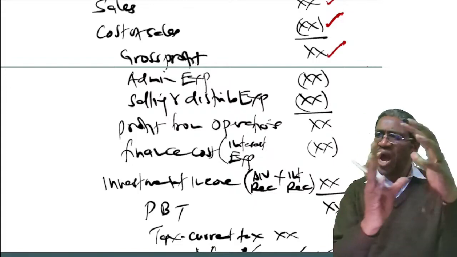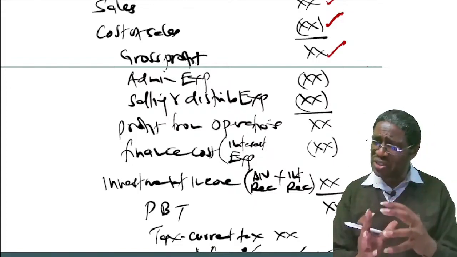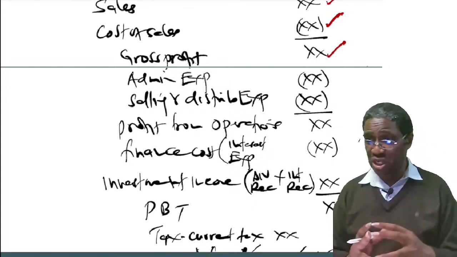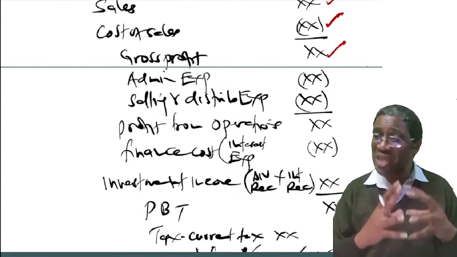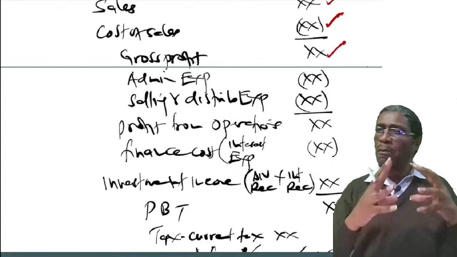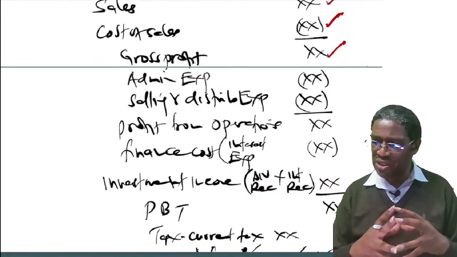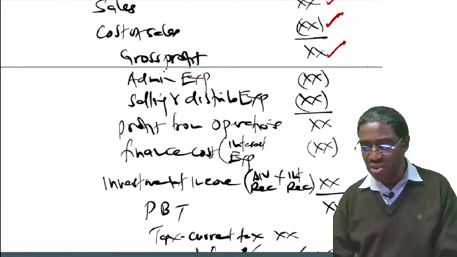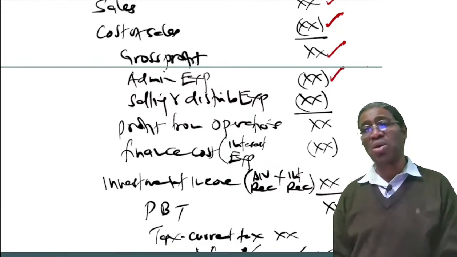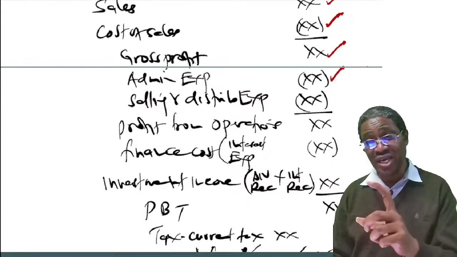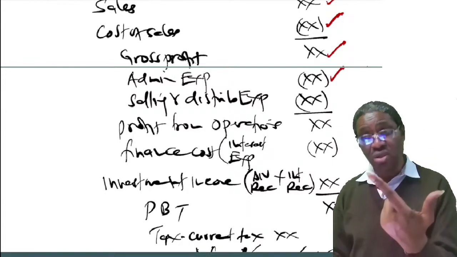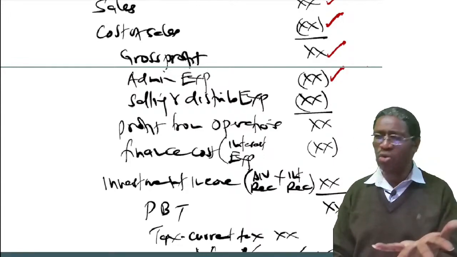Once you identify all the expenses that are of administration in nature, combine them somewhere as a working, and the rule says bring it in the income statement as a single amount. So we combine all the admin expenses.